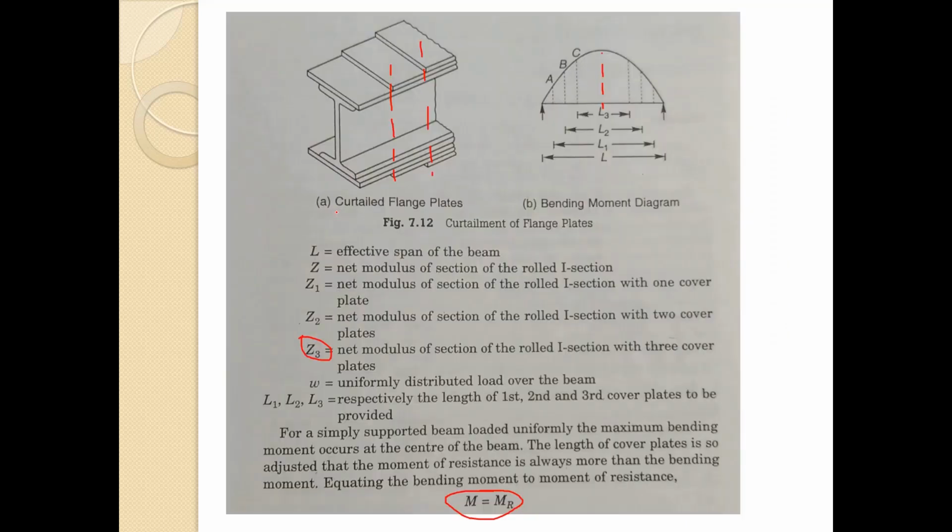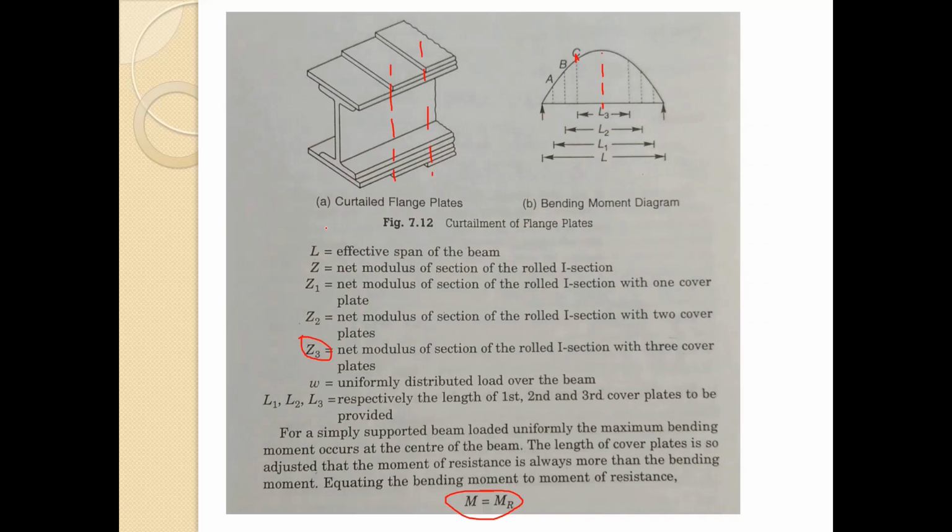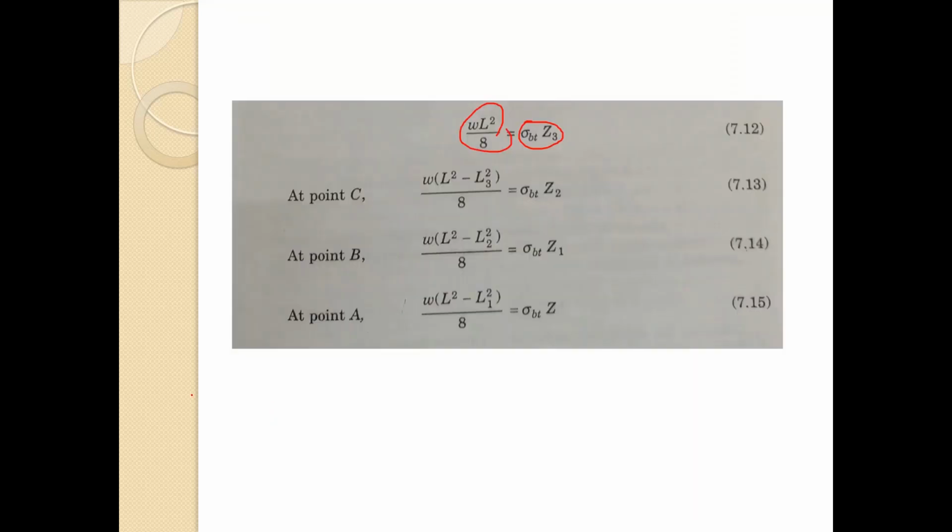So at this point, we are cutting the first section. If we calculate the bending moment at point C, it is W into L square minus L3 square divided by 8, and here we are reducing the section, so the moment of resistance is sigma Bt into Z2.